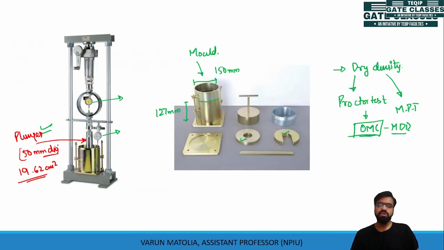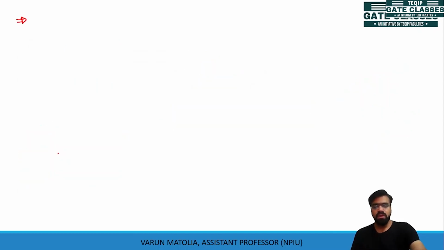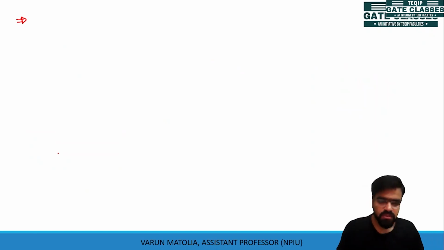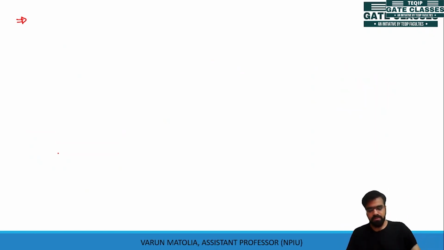So 50 dia should be remembered. This plunger is allowed into the soil sample, and the values of deflection versus load are plotted. This is your penetration.